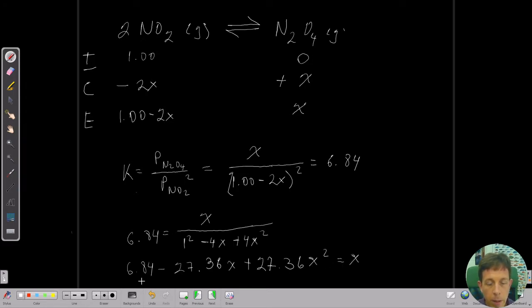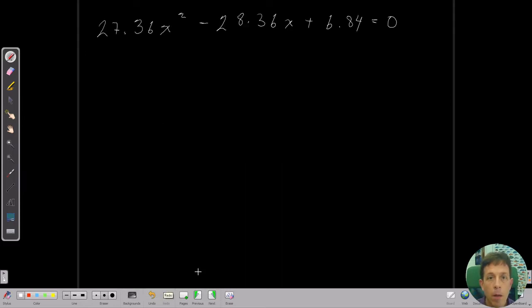So once we do that, we end up with 6.84 times 1 is 6.84, and 6.84 multiplied times minus 4 makes minus 27.36x, and 4x squared times 6.84 makes plus 27.36x squared. Now we want to bring this x over to the other side, so we subtract x.